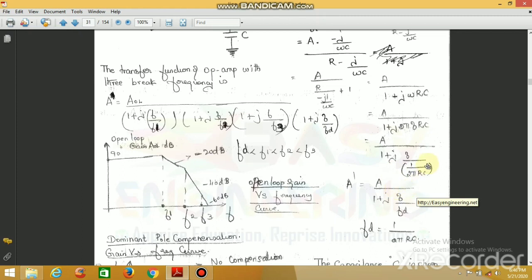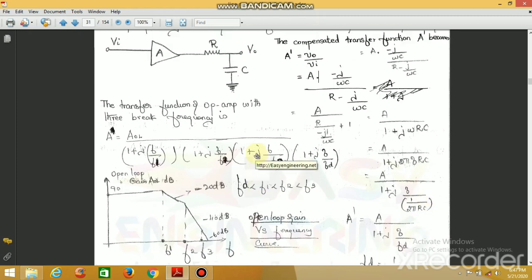This fd is considered to be the corner frequency. If we use only one RC network, we get this equation. If we use three RC networks, the final equation becomes A dash equal to AOL divided by 1 plus j f by f1 into 1 plus j f by f2 into 1 plus j f by f3.